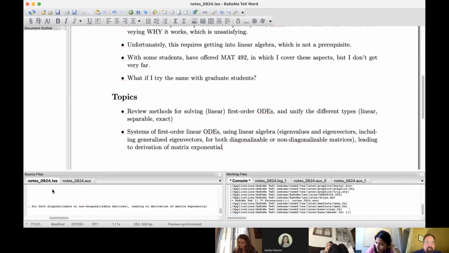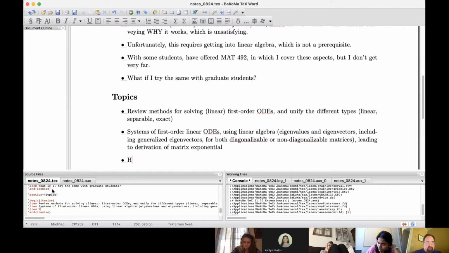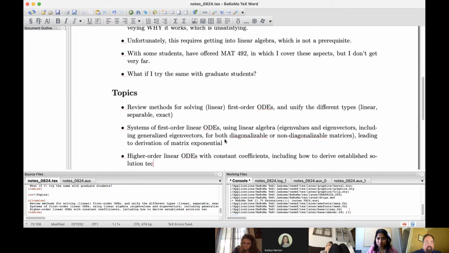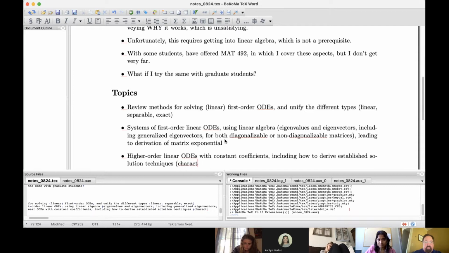And then after that, what I'm looking forward to the most is we get to higher order linear ODEs. Because we can reduce these to a first order system, the focus is on how to derive established solution techniques. Those techniques would be using a characteristic equation of higher order ODEs.